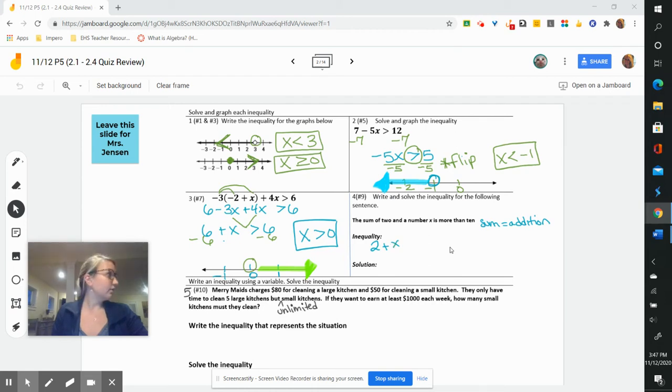And that is more than 10. So it's greater than 10. Now to solve, we'll subtract 2 from both sides. We get x is greater than 8.